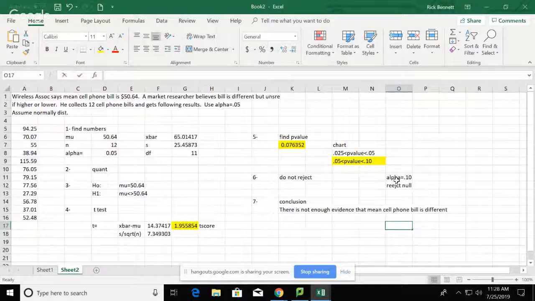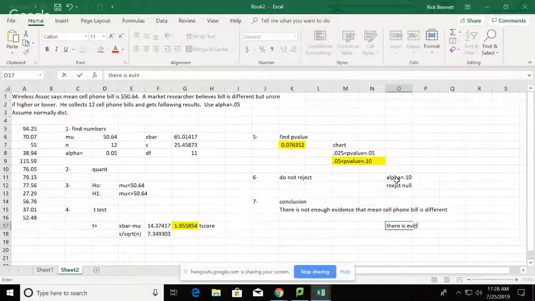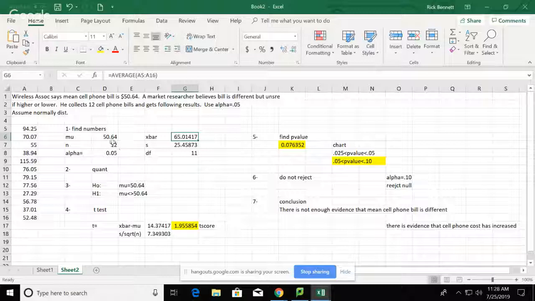And in this case, there is evidence that cell phone cost has increased. Don't just say it's different. $65 is more than $50. It's gone up. You can tell that on the two-tailed test.